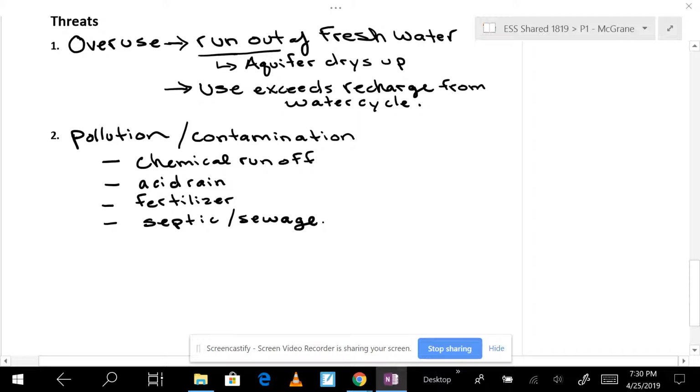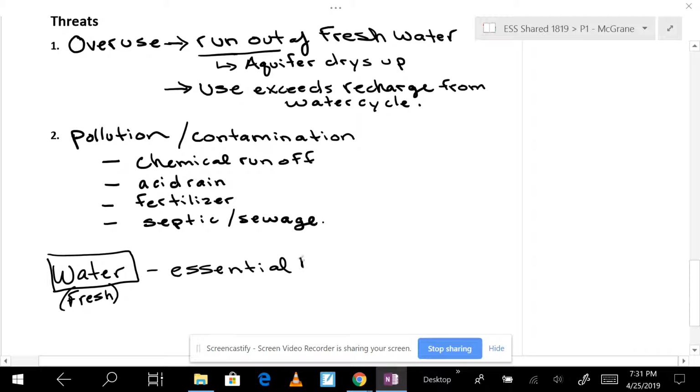We have to be careful because when we talk about water, water is what we say an essential resource. We call it renewable or non-renewable, but when we're talking about fresh water, our fresh water we have to take care of. It's an essential resource.